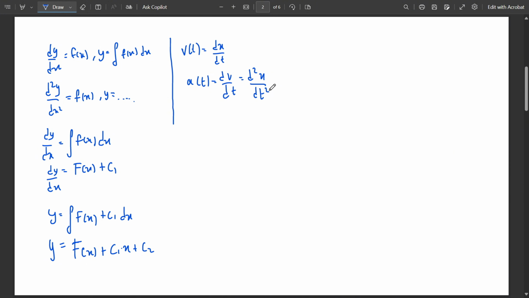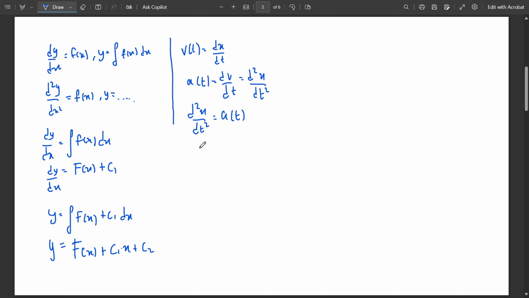So d squared x by dt squared equals a of t. This is the same form as before, but t is the independent variable and x is the dependent variable, so we use the same technique and just integrate it.